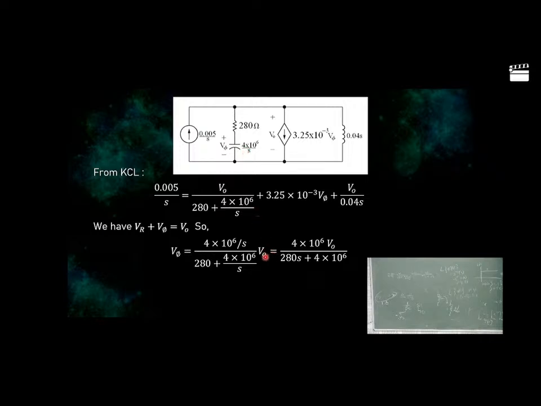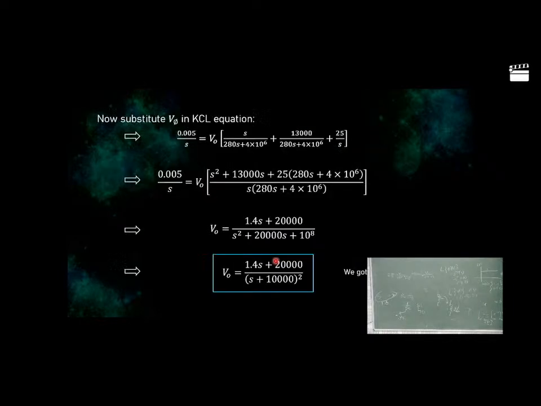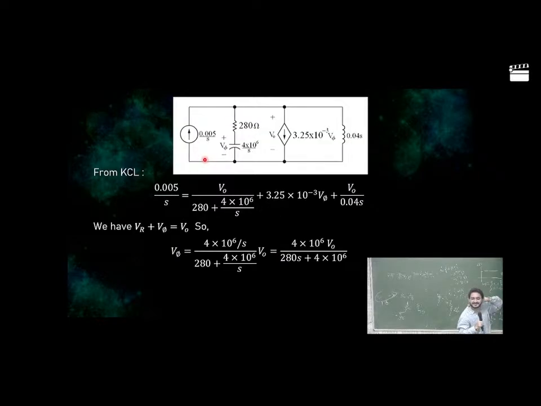This is the voltage division rule. Are you all understanding? So you put this value of V5 in that equation, in that place. So you are putting it here. Understanding?